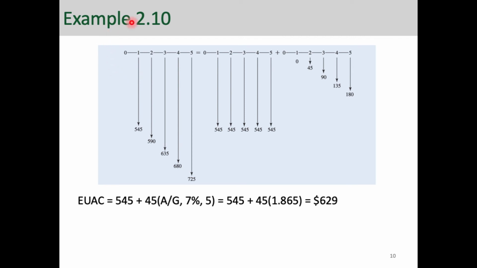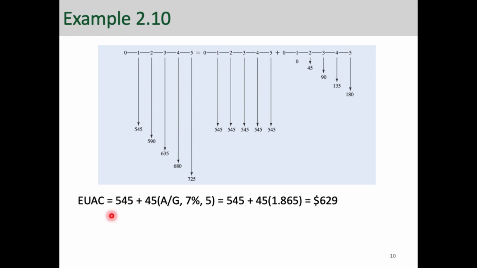So in order to calculate the equivalent uniform annual cost, you need to decompose that cash flow to a uniform cash flow plus a pure gradient cash flow.